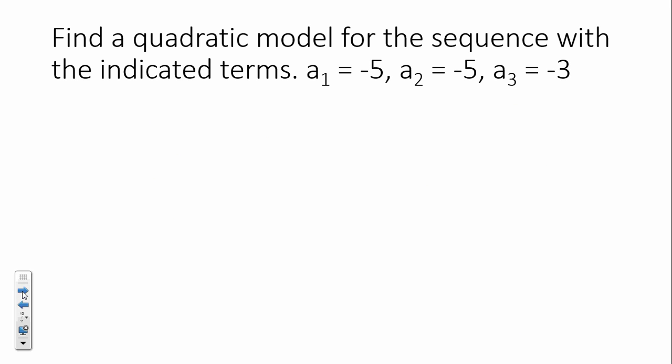All right. So this time they gave us our a sub 1, 2, and 3. This will be similar to what we did yesterday. A sub 1 is -5. So when I plug in 1 for my a n squared plus bn plus c, I'm going to get a plus b plus c is -5.